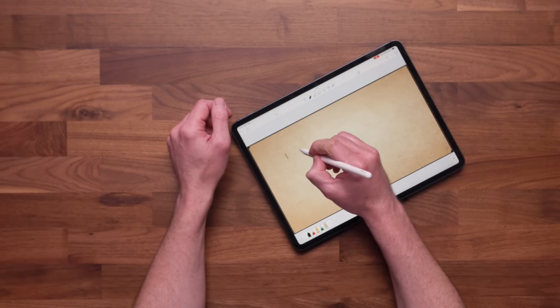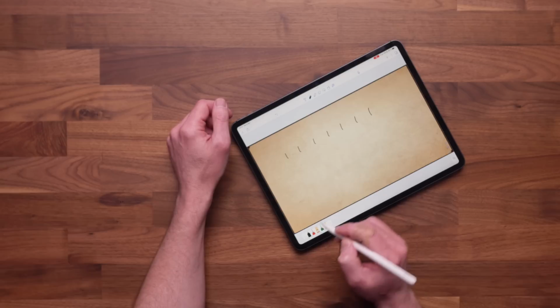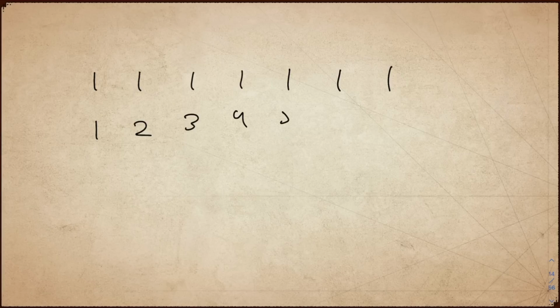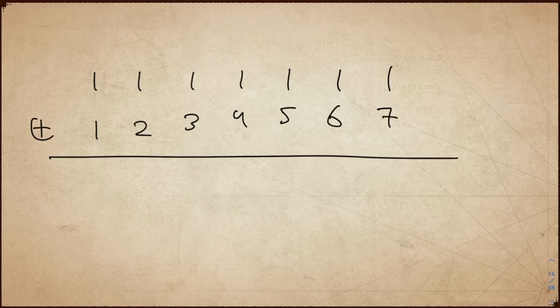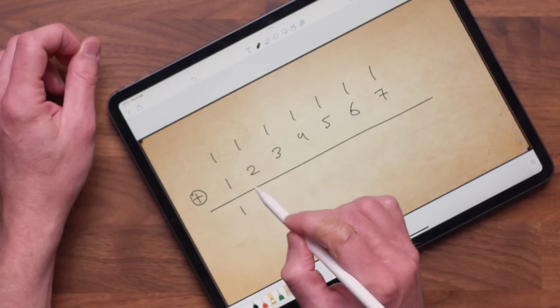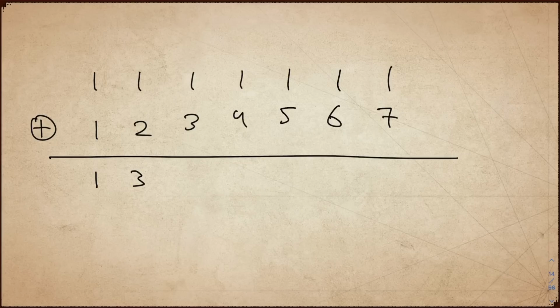Let's do one more practice example of Dirichlet convolution. 2 very simple sequences are 1, 1, 1, 1, 1, 1, 1 and 1, 2, 3, 4, 5, 6, 7. In this case, the Dirichlet convolution is 1 times 1, that's 1. 1 times 2 plus 1 times 1, that's 3. 1 times 3 plus 1 times 1, that's 4. 1 times 4 plus 1 times 2 plus 1 times 1, that's 7.